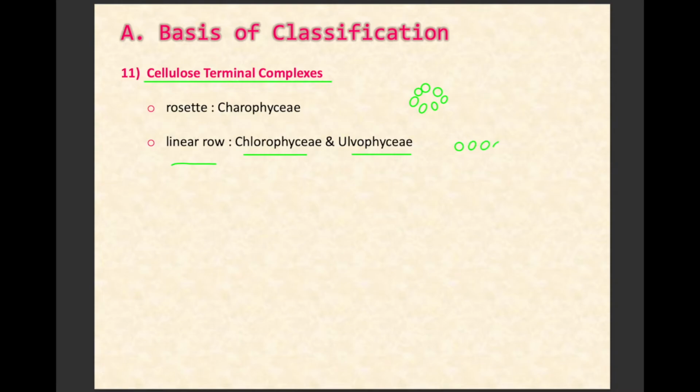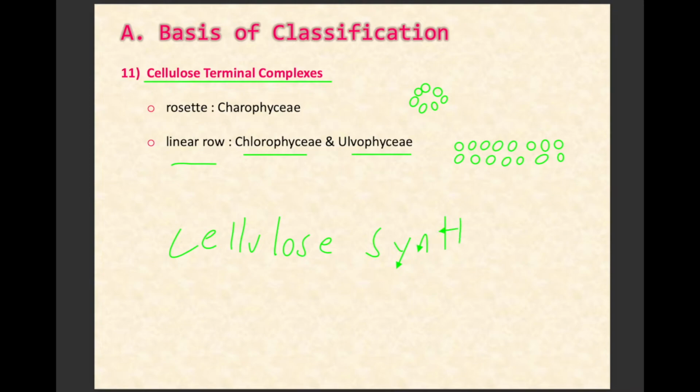So, parte ng cellulose terminal complexes na to yung gumagawa ng cellulose, yung ating cellulose synthetase. But in case of the cellulose terminal complexes of your charophytes, they form the rosette type. Your Chlorophyceae and your Ulvophyceae, they form the linear type.